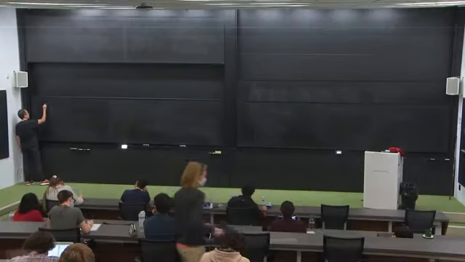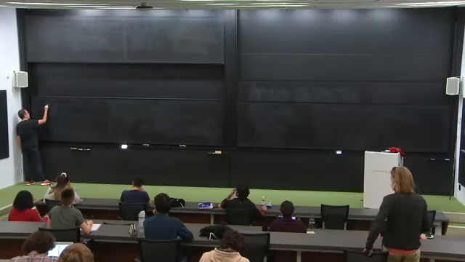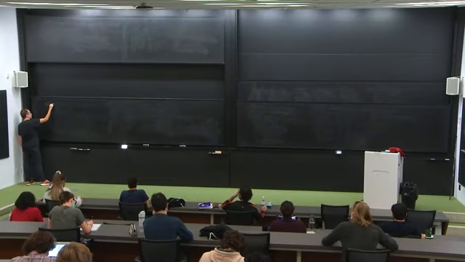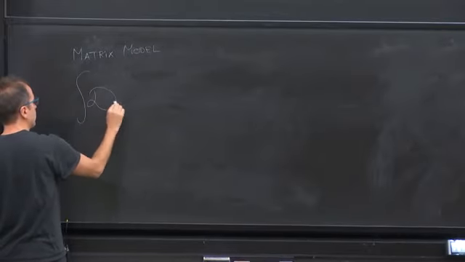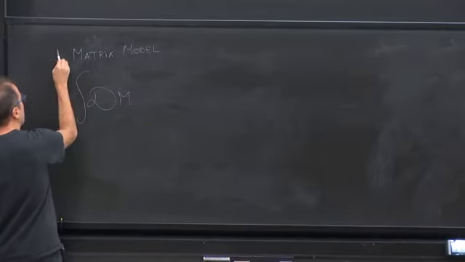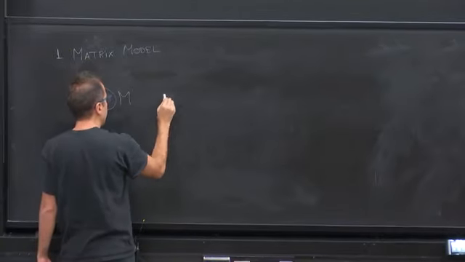Again, let's see, what did we do last time? We considered a matrix model. There is a single matrix we integrate over, and so we call it a one matrix model.